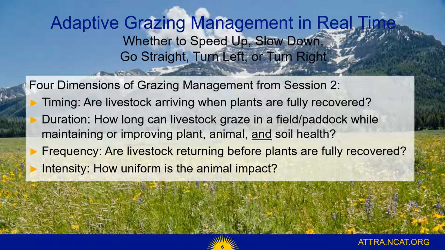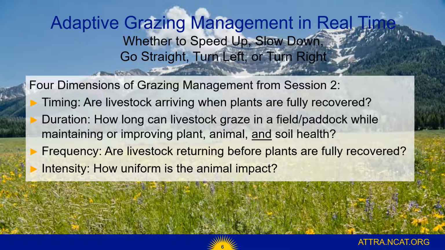So if we look at the second dimension of duration, we could ask the question, how long can livestock graze in this one spot while maintaining or improving plant, animal, and soil health? Or is there sufficient forage before livestock go into a field or a paddock?